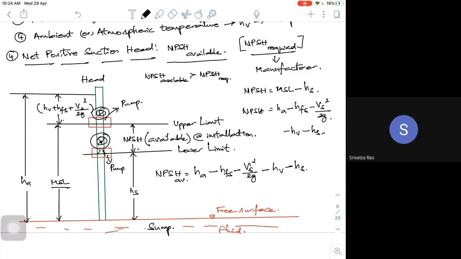Your maximum suction limit may be something around 0.4 meters, and the lower specific limit is 0.2 meters, NPSH required. So I will put my NPSH available as 0.25 meters. That is where I want to place my pump. So 0.4 minus 0.2, that is your NPSH required.